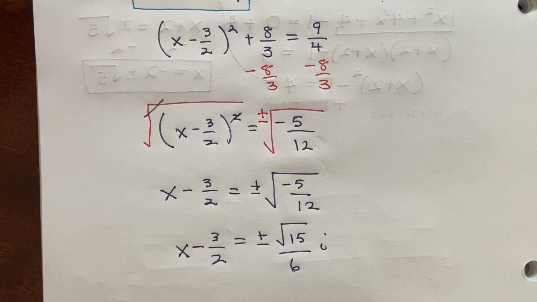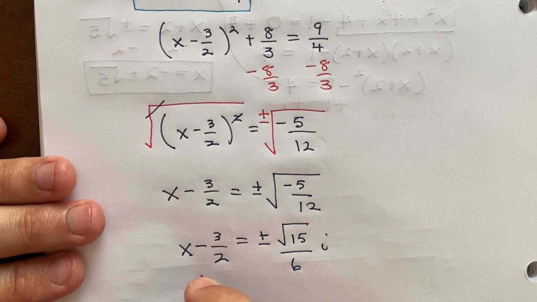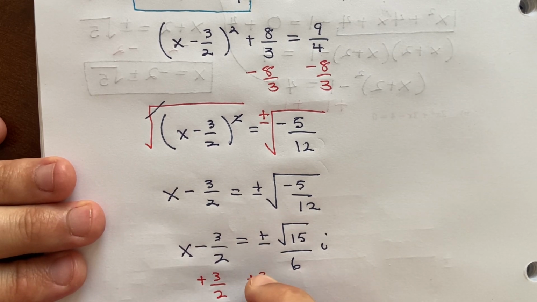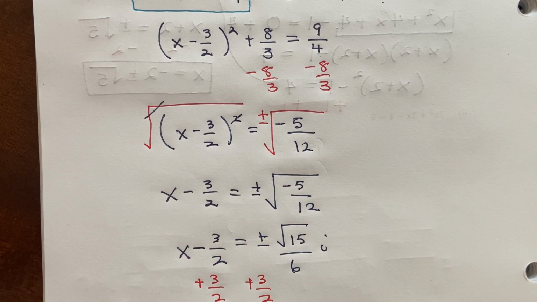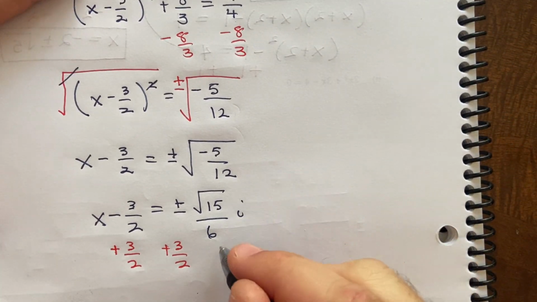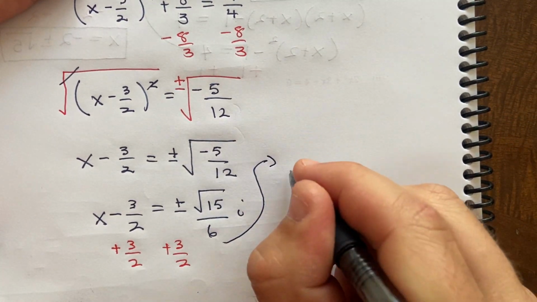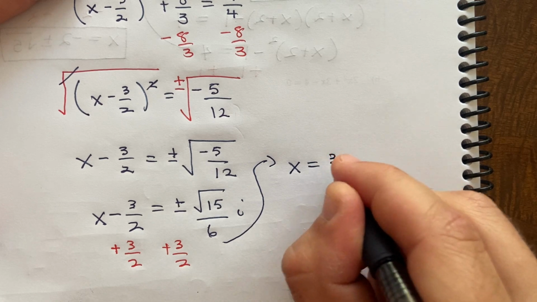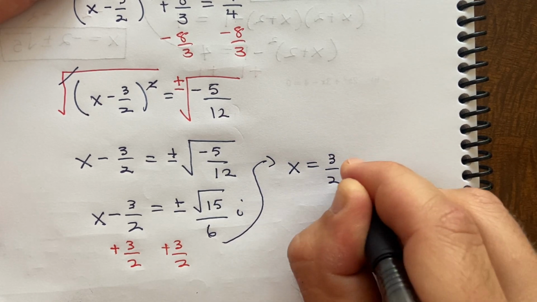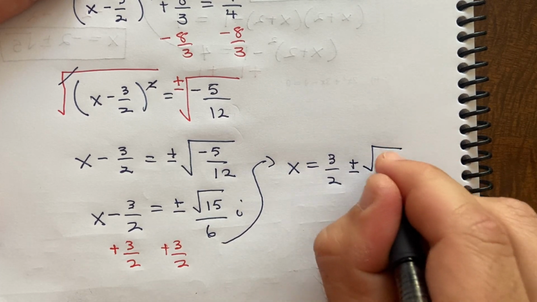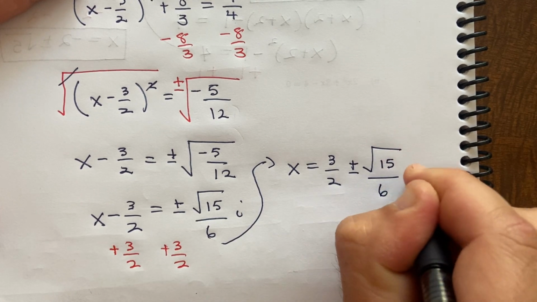And then I'll add over this 3/2, and that's it. So finally, we have our solution as x equals 3/2 plus and minus the square root of 15 over 6i.